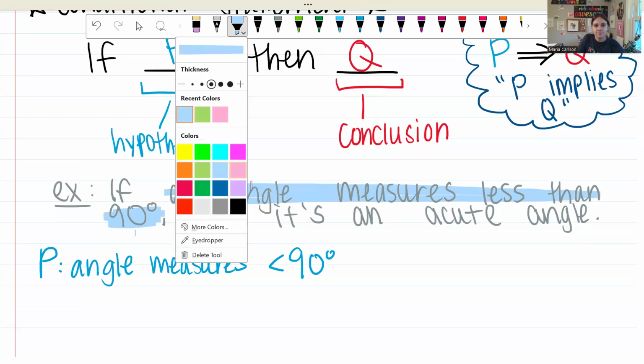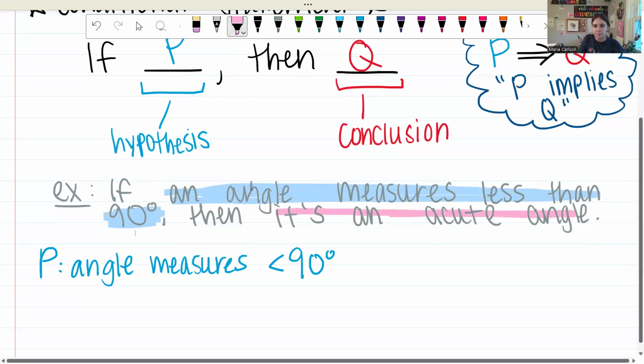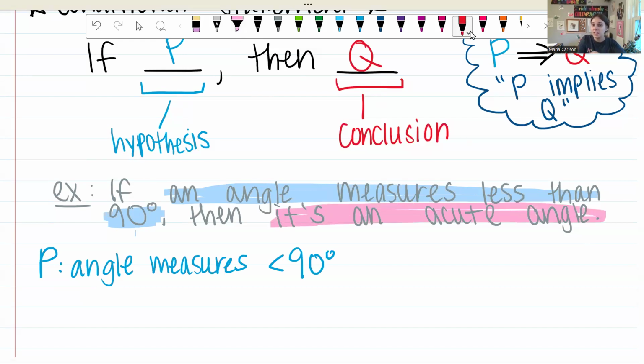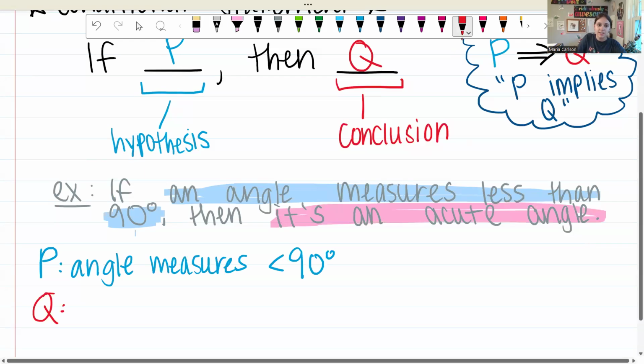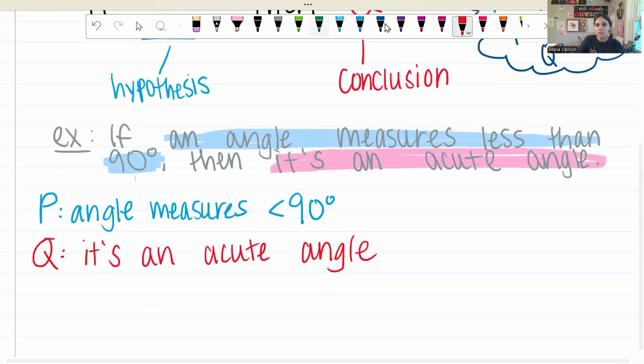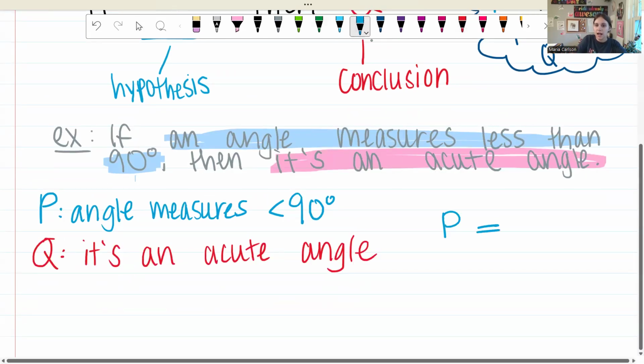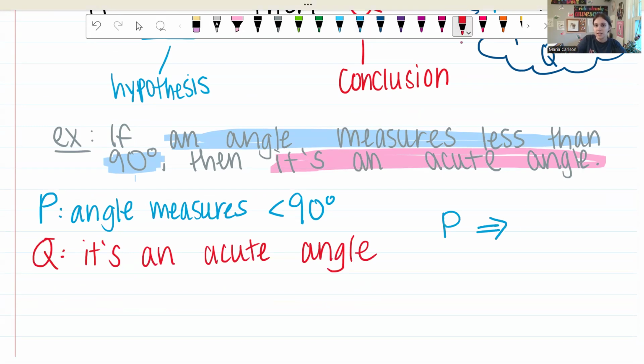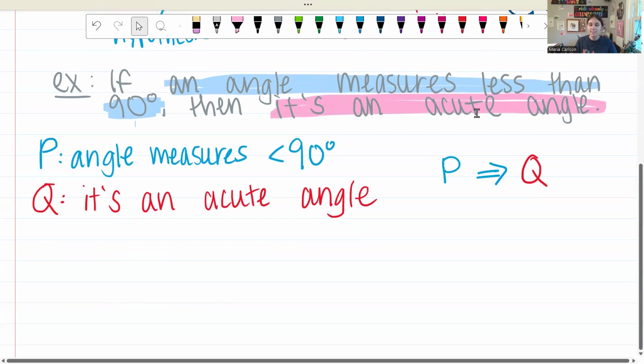Then it's an acute angle, so that's our conclusion. So I would say here, statement P implies statement Q. If an angle measures less than 90 degrees, then it's an acute angle.